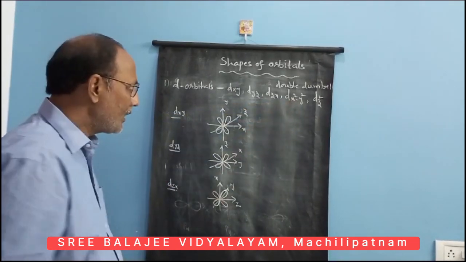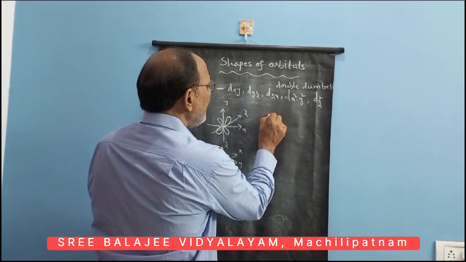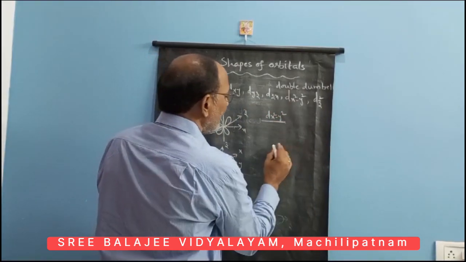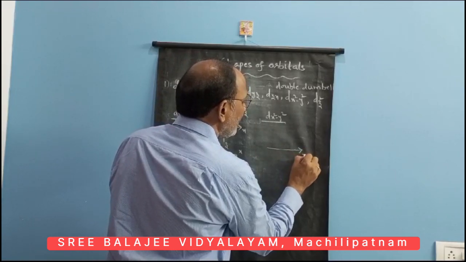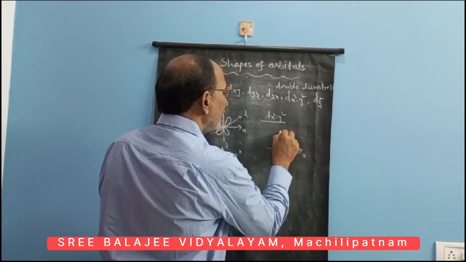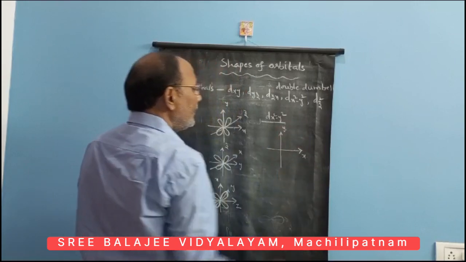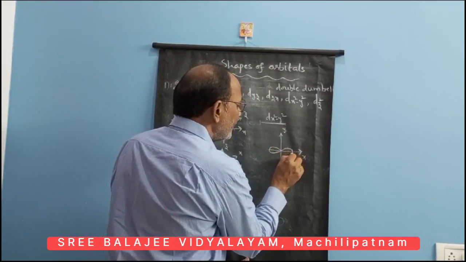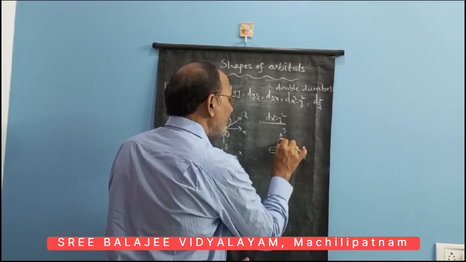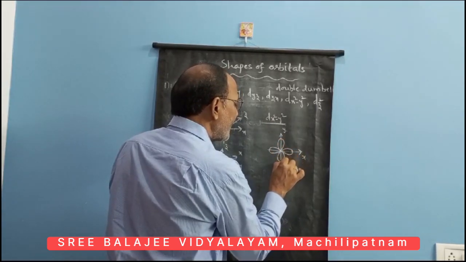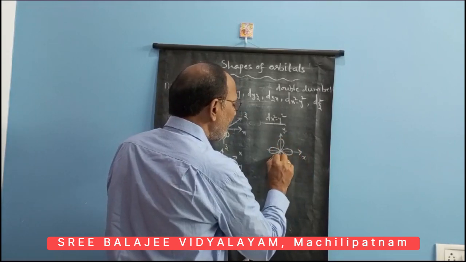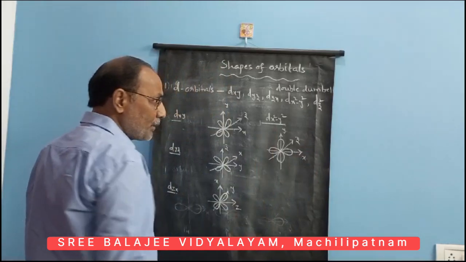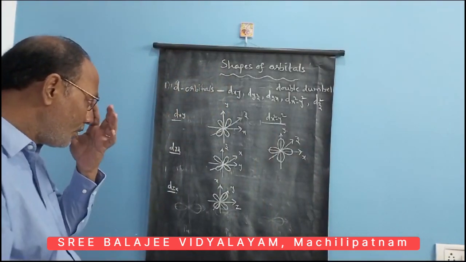We are left with two more d orbitals. First is dx square minus y square. Here is x, this is y, and this time the dumbbells are present on both the x and y axes, and show the z axis like this. So this is the shape of dx square minus y square.